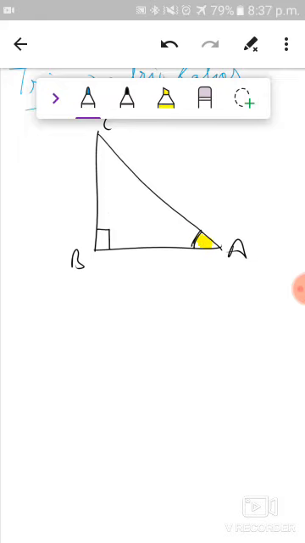And AB is the side adjacent to angle A, and the side opposite to 90 degree at B, that is called hypotenuse.